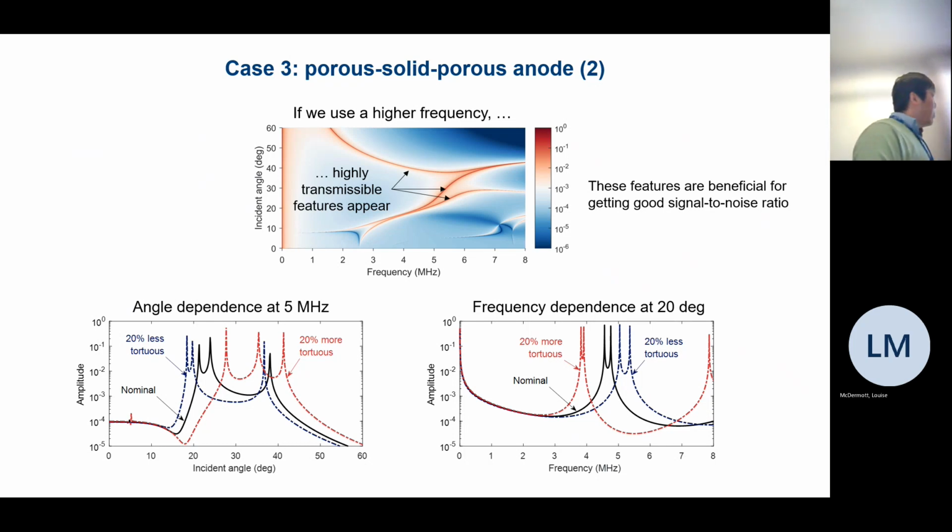So these are proving that the wave propagation is indeed sensitive to the underlying properties of the coating layers in terms of tortuosity and potentially porosity.